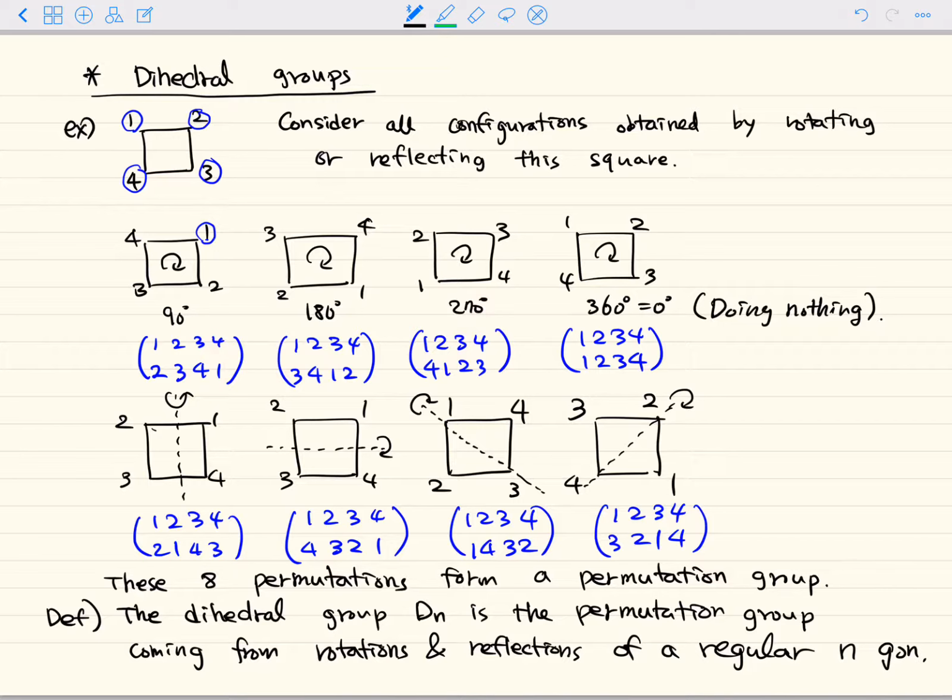So here, if you collect them all, this will give us D4. And similarly, we can consider D5, D6, etc. This is called the dihedral group.